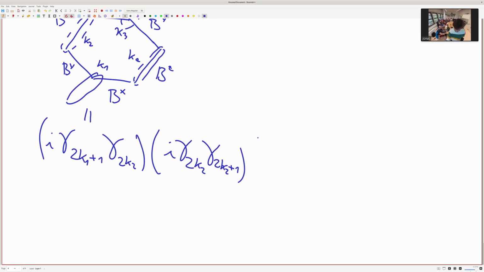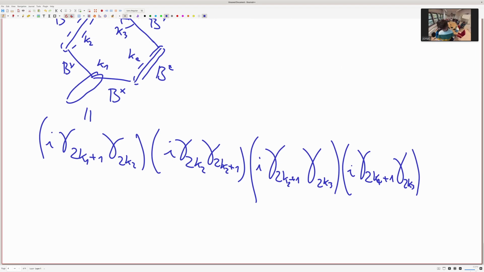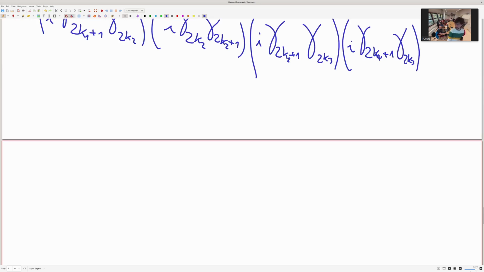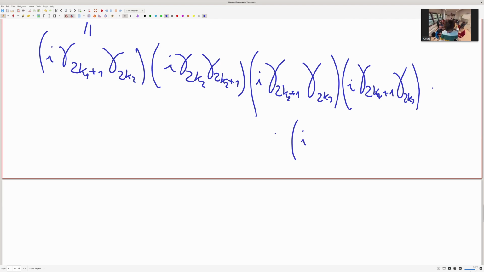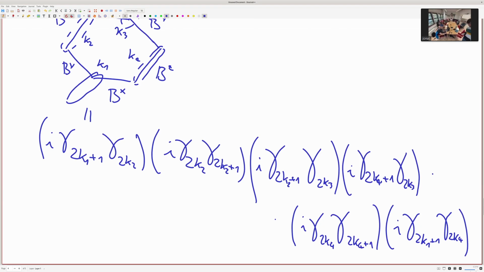And maybe I can quickly write it out for all of them. So, I just rewrote all these B operators according to their definition in terms of the gamma.